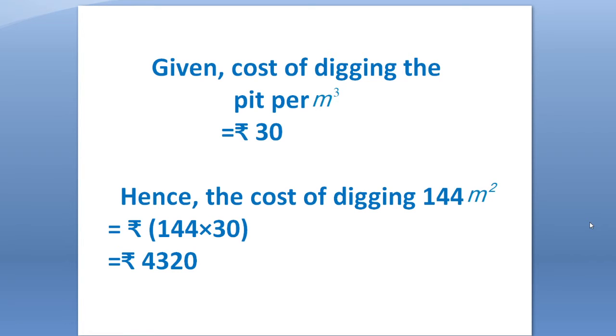Therefore, the cost of digging 144 meter cube is equal to 144 into 30 is equal to 4320 rupees.